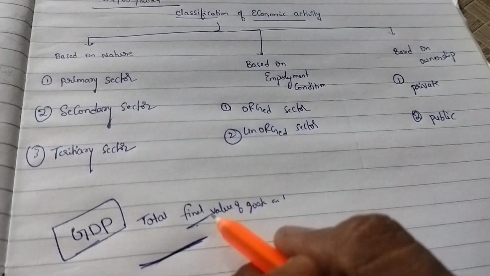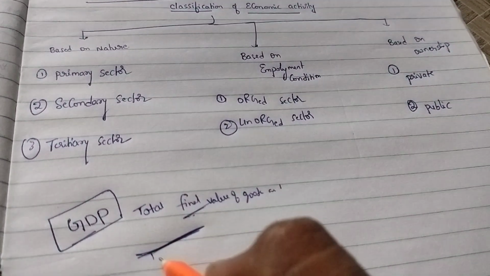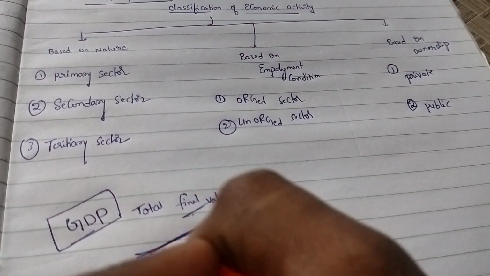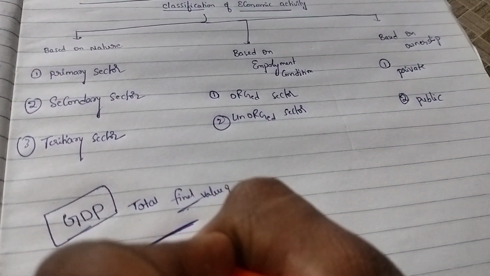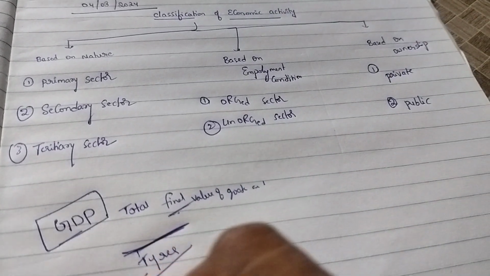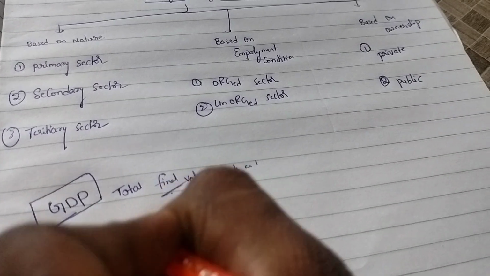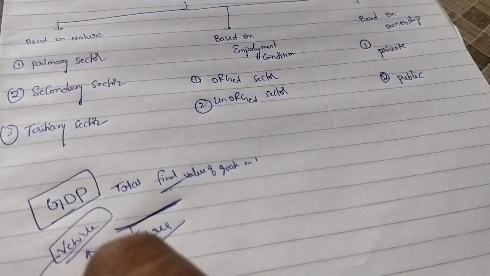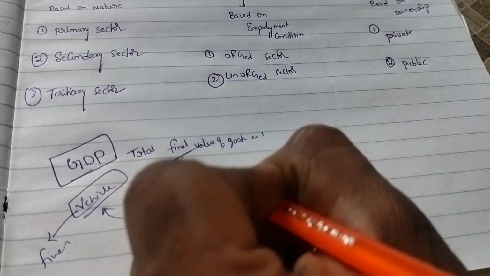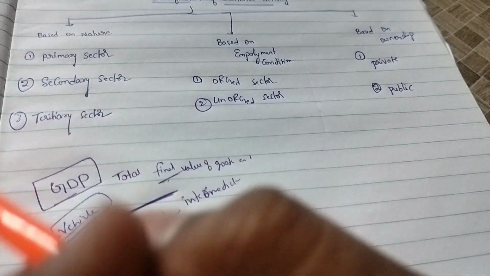Like that, tires are intermediary goods, because they will be fitted on a vehicle. The vehicle will be the final good. The tire is the intermediary good.